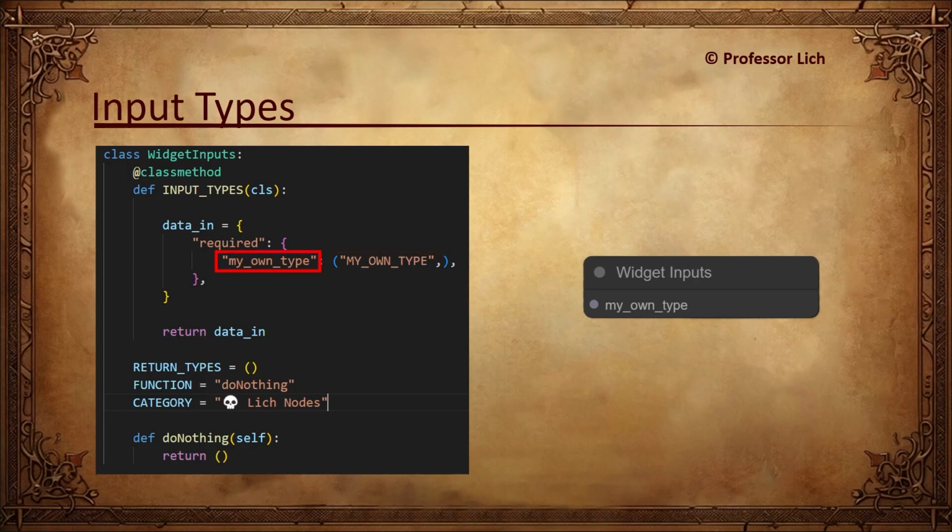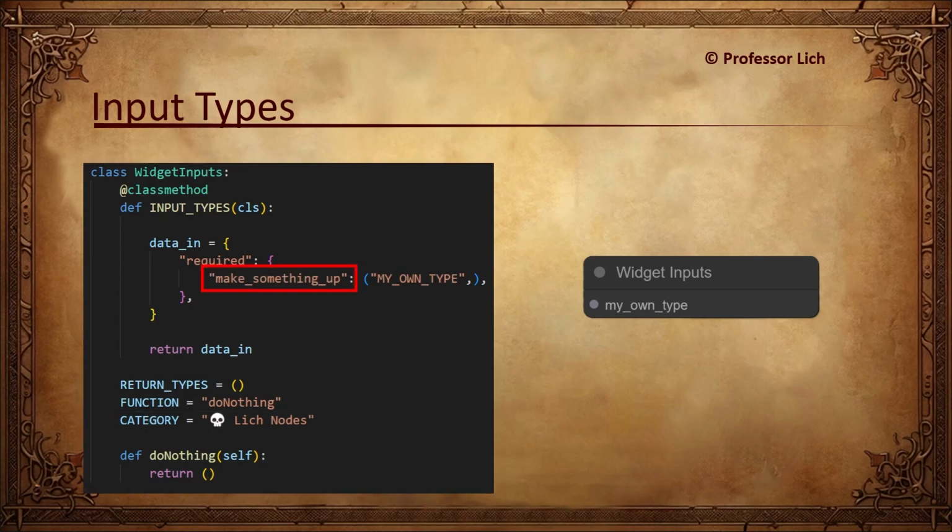And what about key? What does key do here? As all dictionary keys, our key must be unique. In context of Comfy UI, however, what key does is it determines the text you will see by default. You can see this for yourself, so go ahead and rename this into something, make something up.